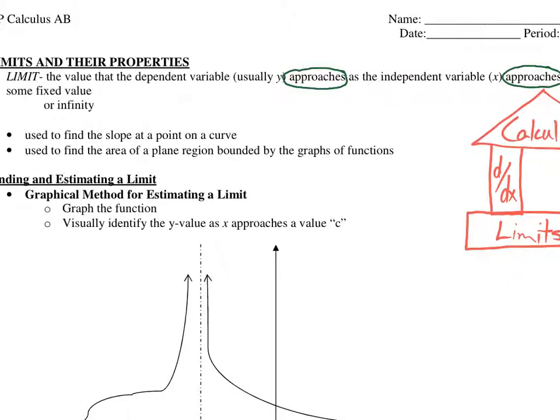Okay? Now approaching just means getting closer to. It does not have to actually equal that value. In many cases it will, but in other cases it will approach it, but at that exact point, maybe it's undefined, or maybe it actually equals something else, depending on the situation. So that idea of approaching is very, very important.